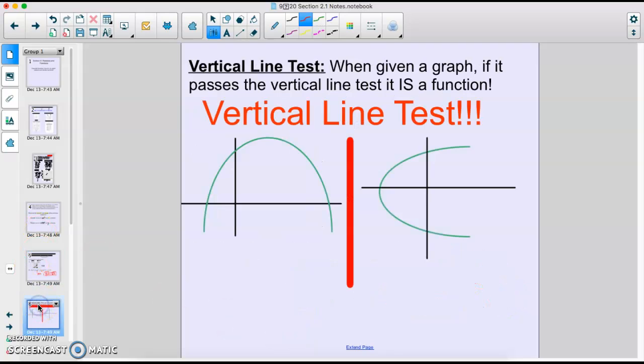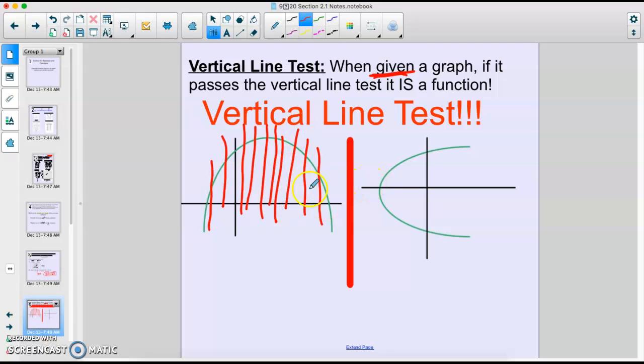Okay. So another way you can check if it's a function or not is the vertical line test. When given, and I want to highlight given, a graph, it has to pass the vertical line test. That means we can draw all the vertical lines we want, and it's never going to touch the graph twice. So this one's a yes.